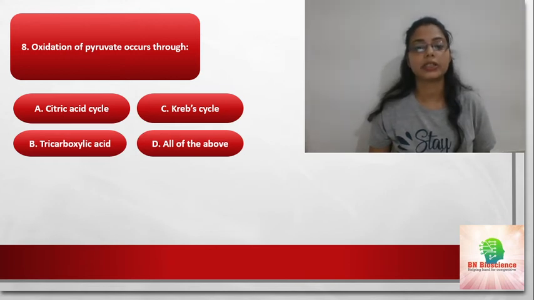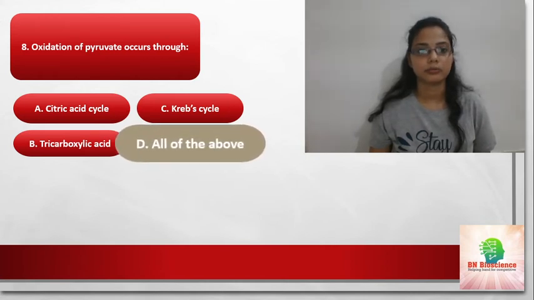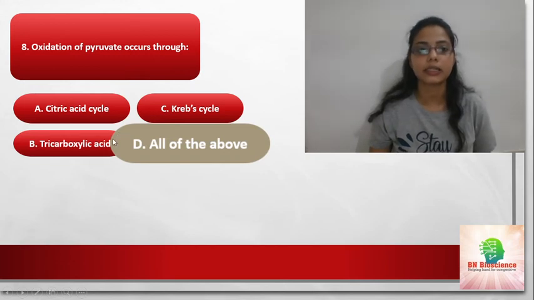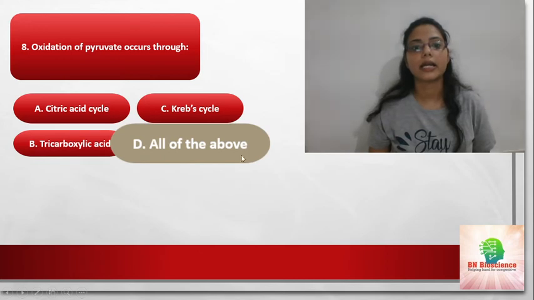It occurs through which of the following methods or cycles? So the answer is D, all of the above. The oxidation of pyruvate occurs through the citric acid cycle. It also occurs through the tricarboxylic acid, and it also occurs through the Krebs cycle.